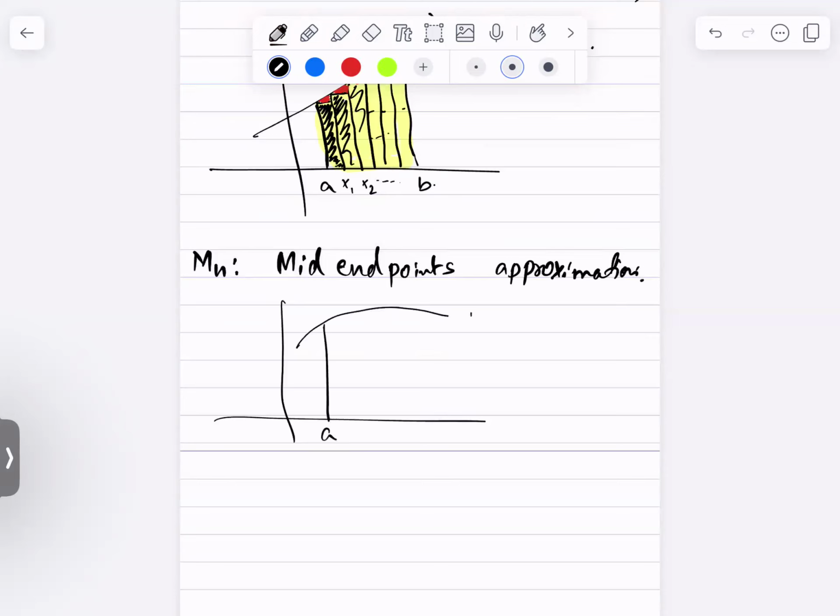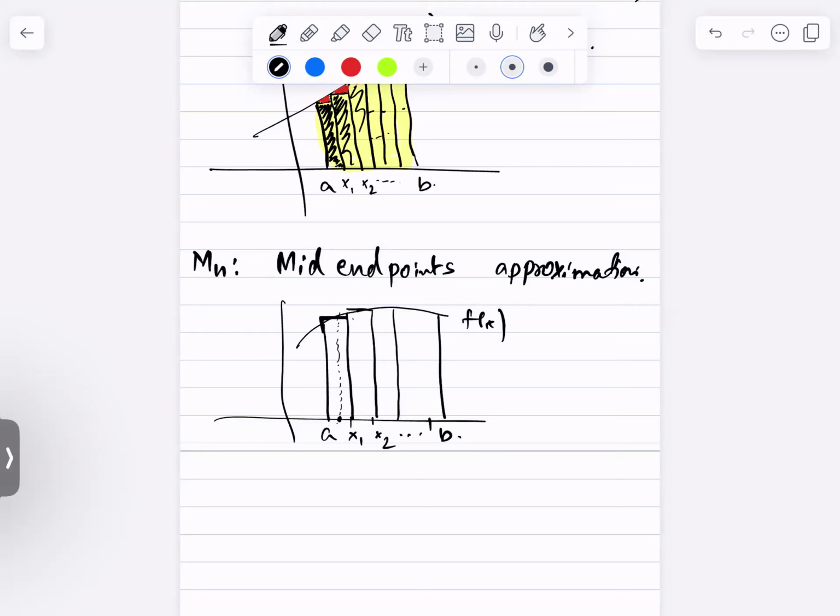If this is f of x, and this is a, that is b, and these are your x1, x2, and so on, then for each of the smaller equal subintervals, we consider the midpoint. This point is in the middle of a and x1, and you consider the value of f at that point, and you form this rectangle.